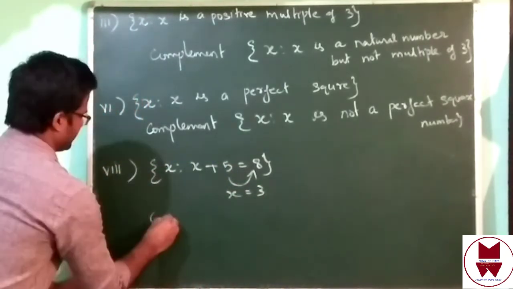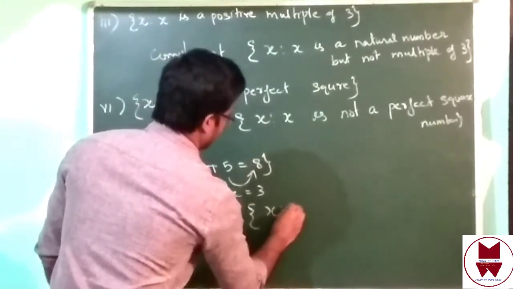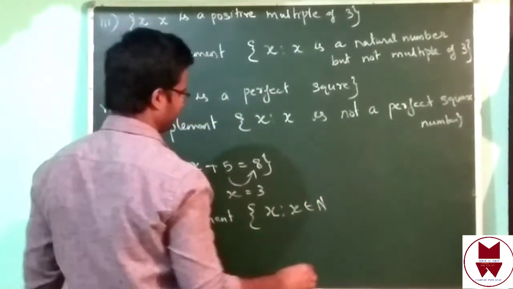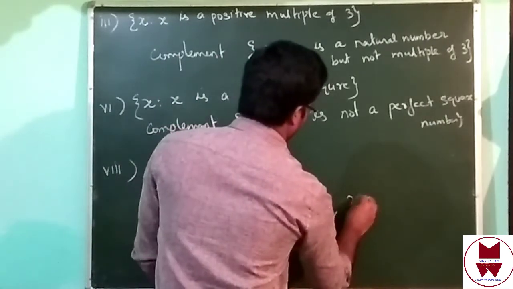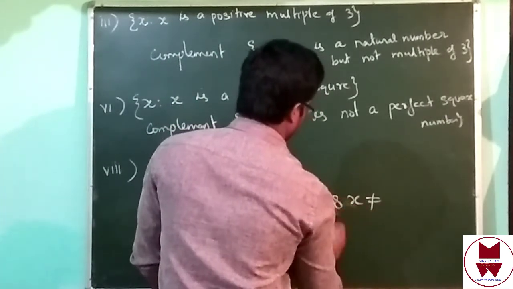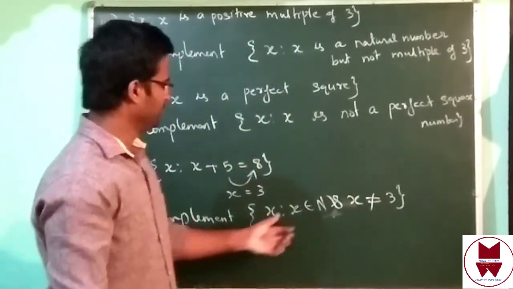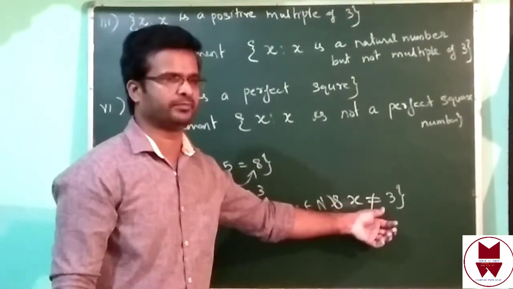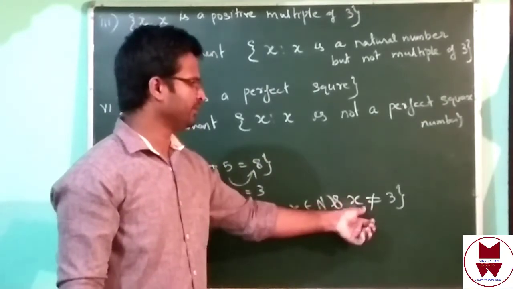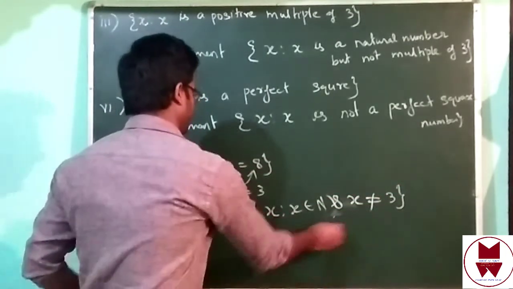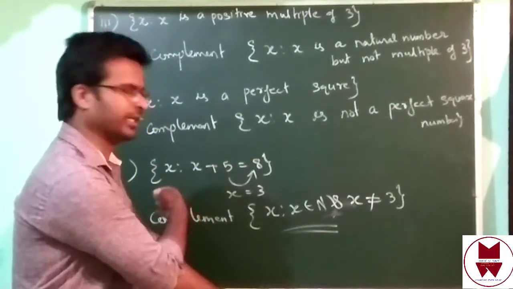Then our complement set we can write as x such that x belongs to N, natural numbers, and x not equal to 3. Here we will consider all natural numbers except 3. This is our answer. Then the remaining questions, Roman number 9, 10, everything, you can do.